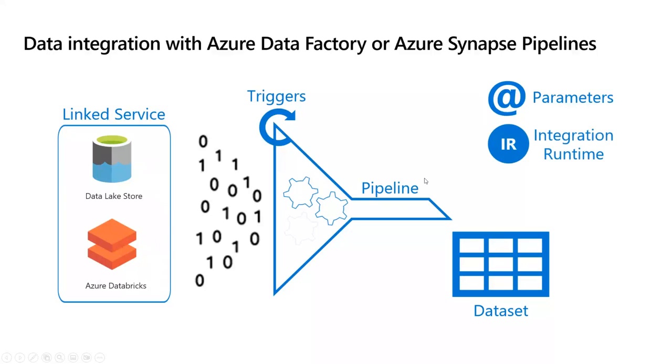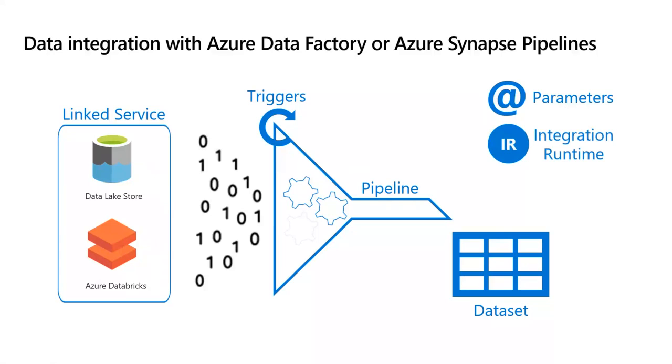Integration runtime is where you want to run your pipelines, which environment: in the public cloud, or on premises. Maybe I haven't been clear on that point yesterday, but running your pipelines in the public cloud means the security is taken care of by Microsoft, and running them on premises means you are responsible for the runtime environment.